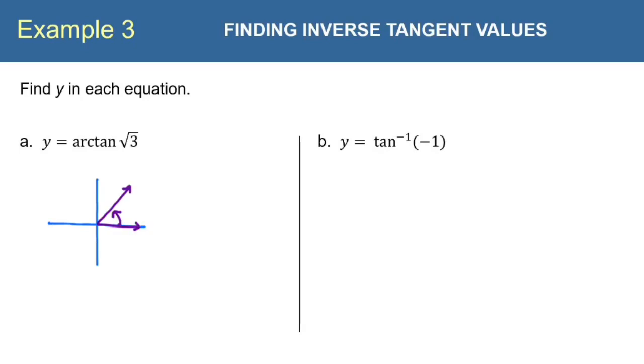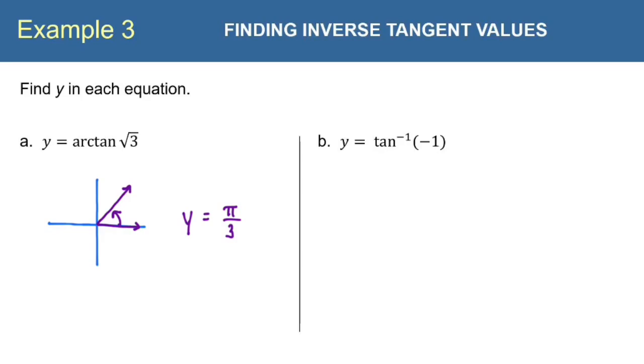Okay, so we're looking for a quadrant 1 angle, and √3 is one of our memorized tangent values. So we know that the reference angle here would be 60 degrees, or in radians we could say that this angle is π/3 radians.